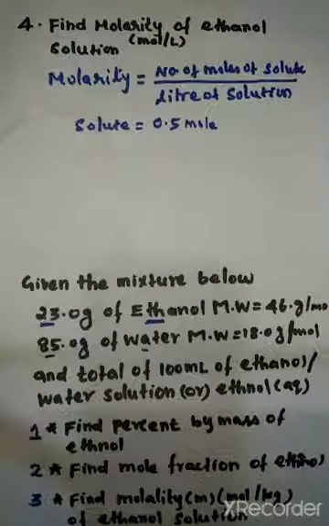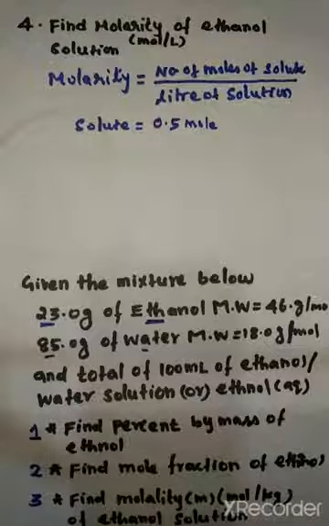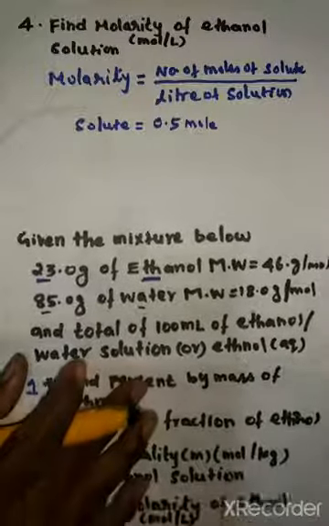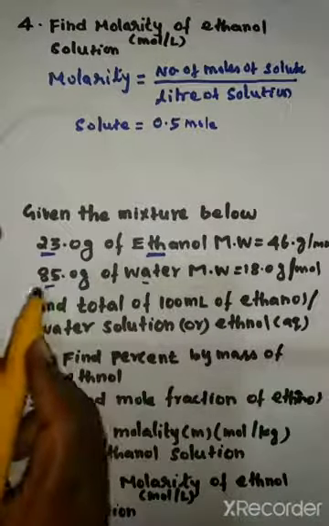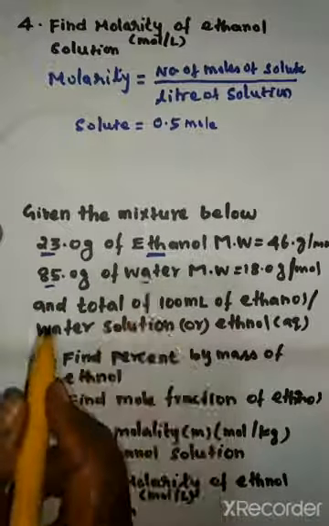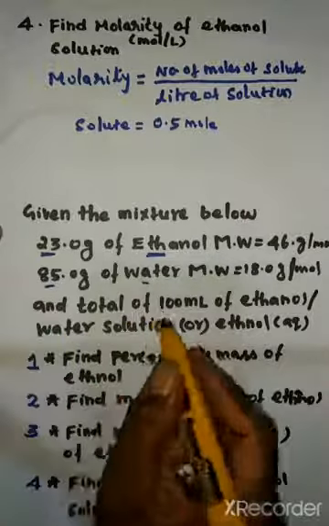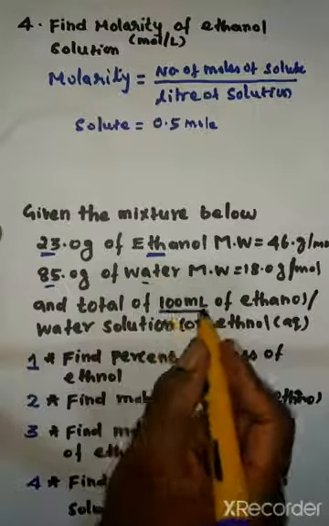Now how can we find the liters of solution? In this problem, we have 23 gram of ethanol and 85 gram of water, and a total of 100 ml.